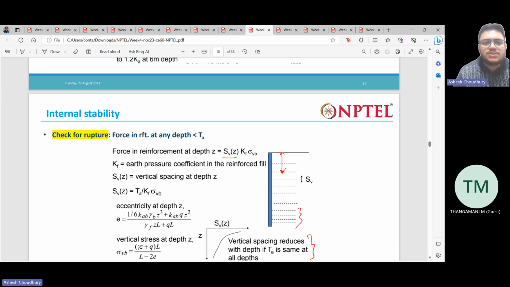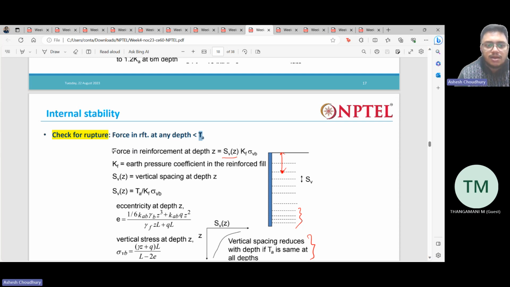Check for rupture: the force in reinforcement at any depth should be less than the allowable tensile strength of the reinforcement. If this is not true, the reinforcement is going to break. How to get the allowable tensile strength? The ultimate tensile strength divided by the cumulative reduction factors.